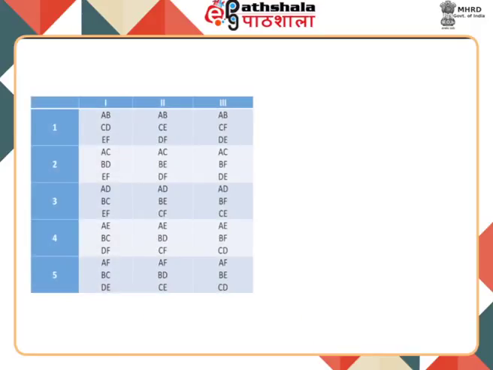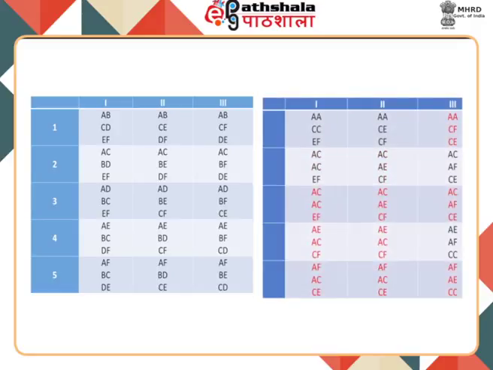On substituting A for B and C for D in table 1, we will generate another table. It is clear from this table that there are duplicate configurations, which are shown here. The duplicates are indicated in table 2 by red color.